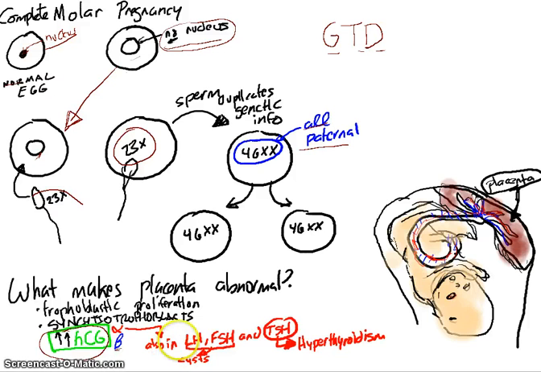If it sees this alpha subunit, which is also part of LH, FSH, and TSH, your body may think that you're secreting extra LH or extra FSH, and that would lead to something called theca lutein cysts. Or, in the case of TSH, it may lead to hyperthyroidism. And there are many symptoms of hyperthyroidism that we might expect the patient to feel.